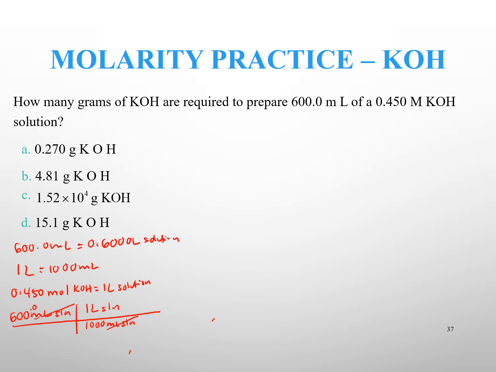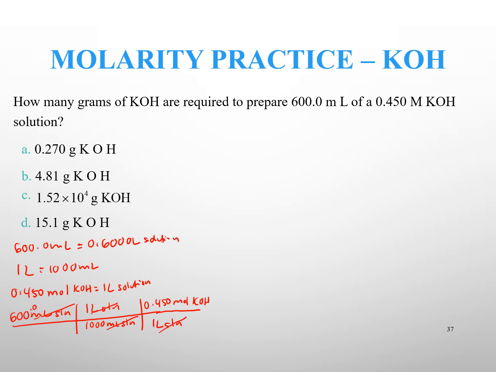Now the next thing we do is add the molarity in. So 1 liter goes on the bottom, but the molarity is 0.450 moles. Okay, so now I'm crossing off the liters of solution.